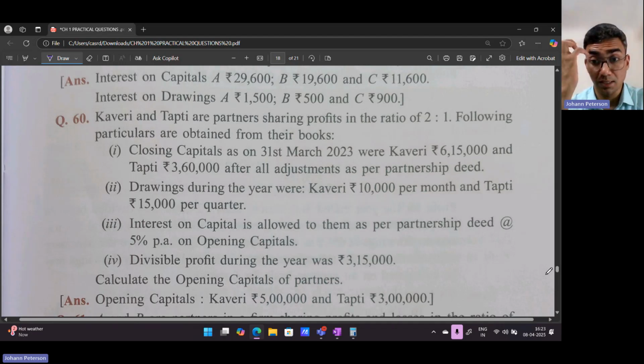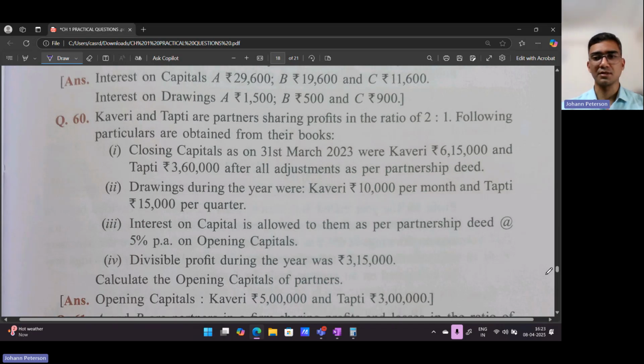Interest on capital is allowed to them as per the partnership deed at 5% on the opening capitals. That is by default calculated on the opening capital, so it's nothing new. Then it says divisible profit during the year was 3,15,000. Calculate the opening capital of partners. So simply it's asking us to only calculate the opening capital of these partners.